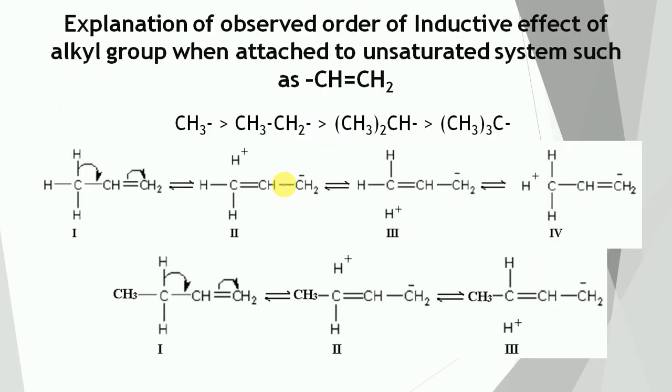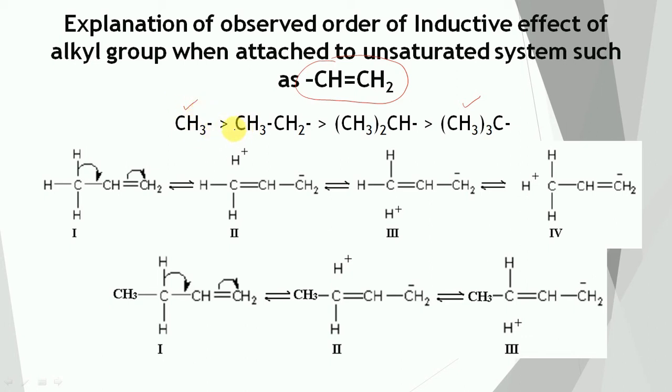Explanation of the observed order of inductive effect of alkyl groups when attached to an unsaturated system, and the unsaturated system we take is a simple one, the carbon-carbon double bond. It has been stated that if an alkyl group is attached to a normal system, the maximum inductive effect is shown by the tertiary alkyl group, and the minimum by the methyl group.